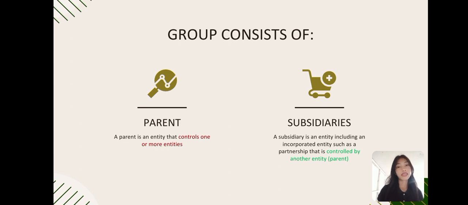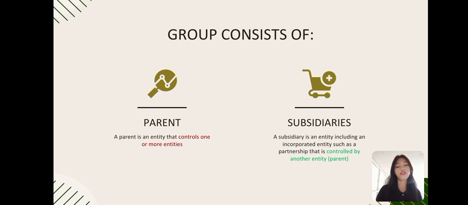So a subsidiary group is a business entity or corporation either fully owned or partially controlled by another company. And it is controlled by another company known as the parent company. So, in short, a subsidiary is controlled by a parent company.